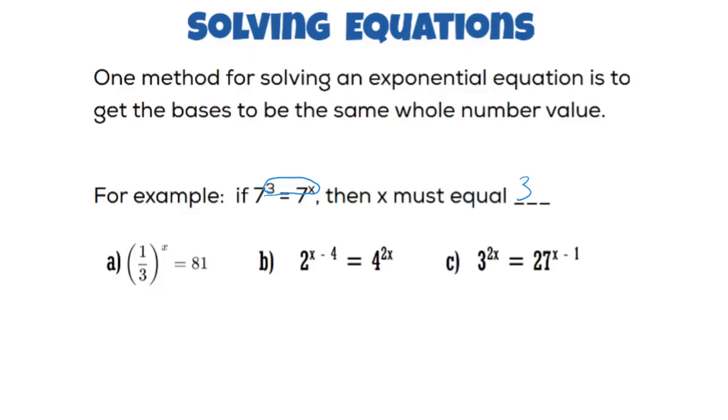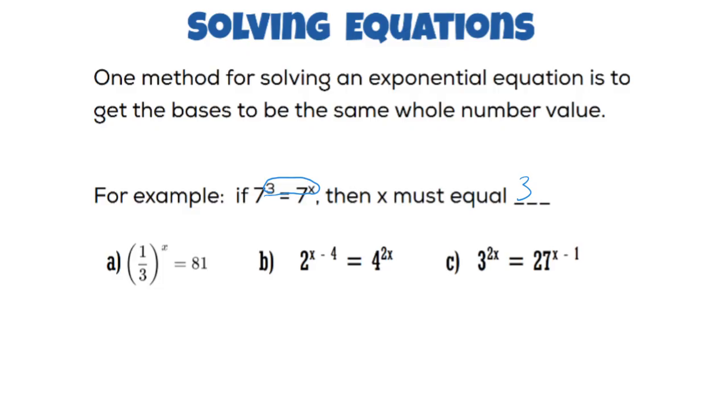Now, it's going to be way fancier than that. Look at this first example, A. My goal is to get the bases to be the same whole number value. So I don't want the bases to both be fractions. I want them to both be whole numbers. When I look at this 1/3 and this 81, I'm trying to think of a whole number that I could write these both as powers of.